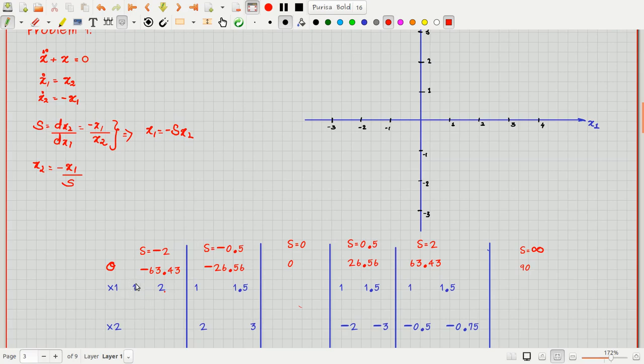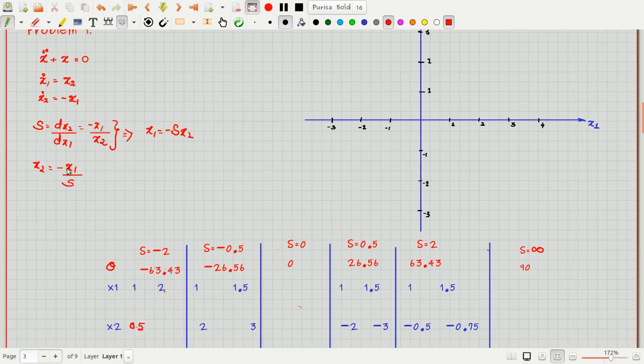So when x1 is equal to 1 and s is equal to minus 2, what is the value of x2? x2 is equal to minus 0.5, right? When x1 is equal to 1 and s is equal to minus 2, the value is 1 by 2, and 1 by 2 is 0.5. So here this value is 0.5.